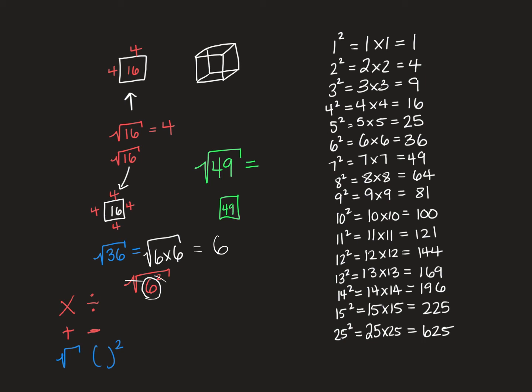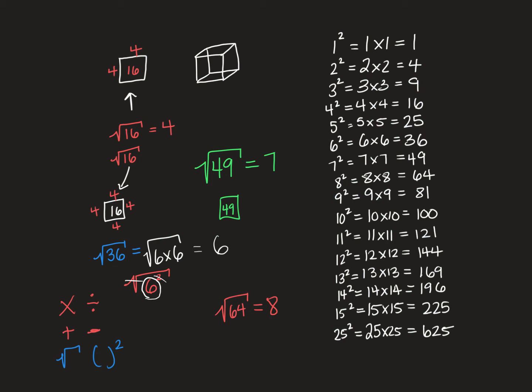What is the side? What does the side have to be? Yep, 7. What is the square root of 64? Eight.